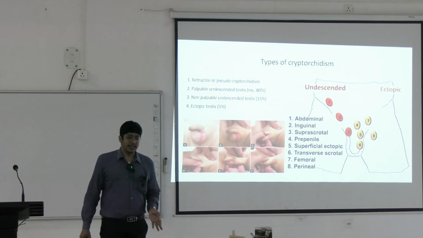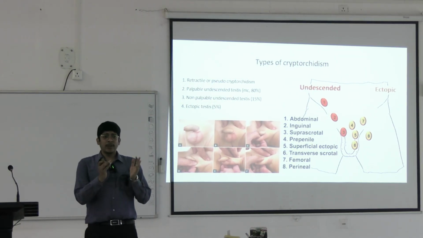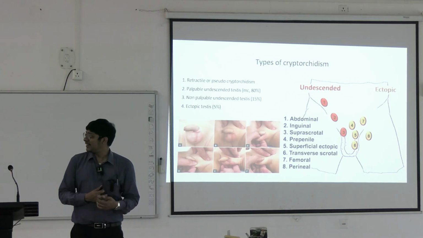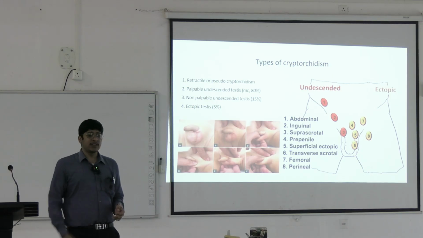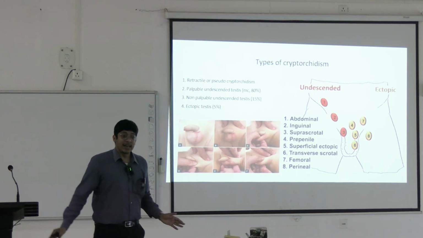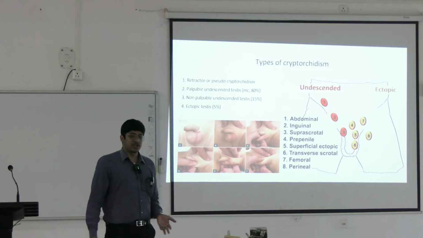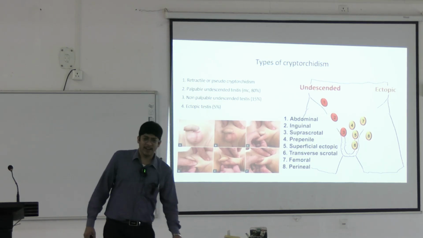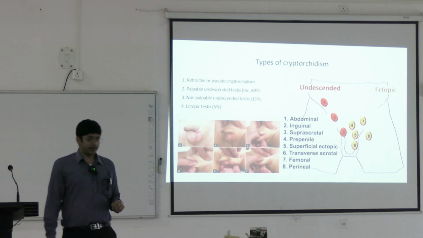Another very important thing is whether the testis was ever there in the scrotum or not, whether this is actually an undescended testis or the testis has vanished later on after its normal descent. This is a very important clinical aspect.